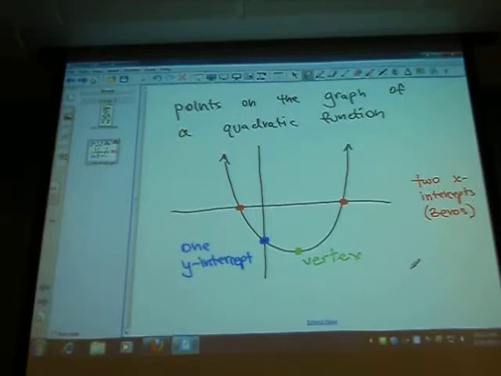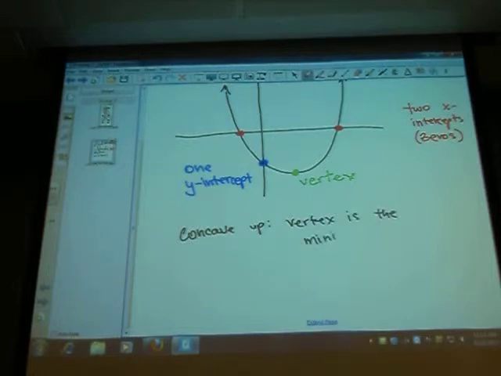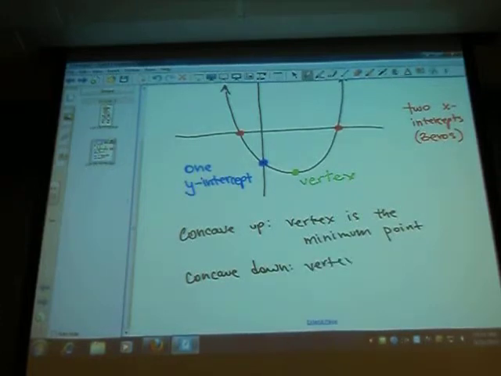You make an upside down U, the vertex is going to be at the top. Minimum or a maximum point.